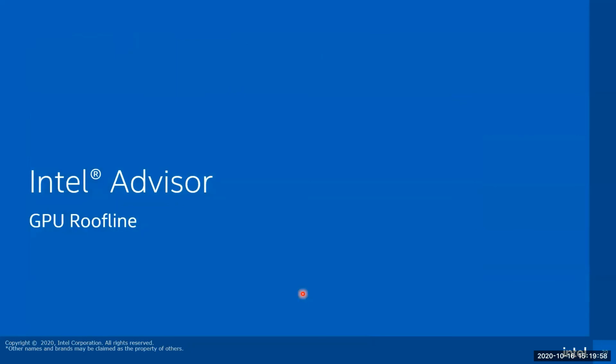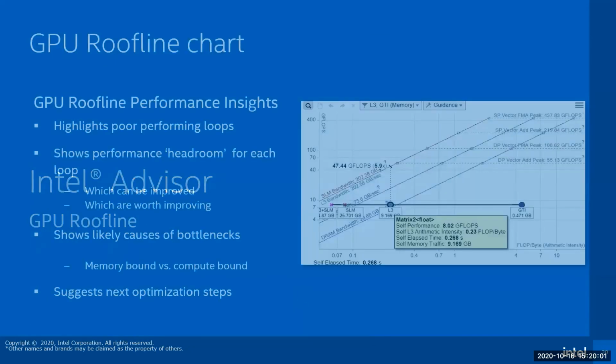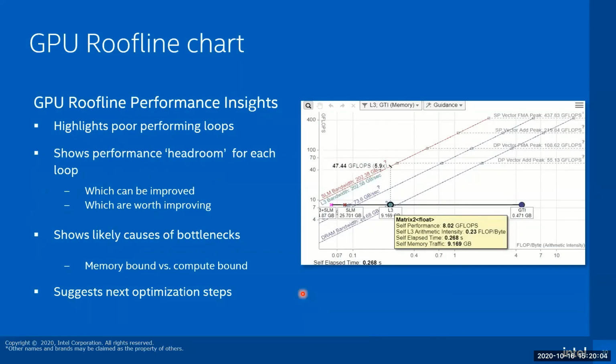So then let's switch to the GPU Roofline. It's already been discussed before. The Roofline analysis is a powerful and very useful tool, which in a graphical way represents the absolute limitations of the system in terms of memory units and execution units performance, and where your algorithm, and specifically loops or function calls, are located in this graph.